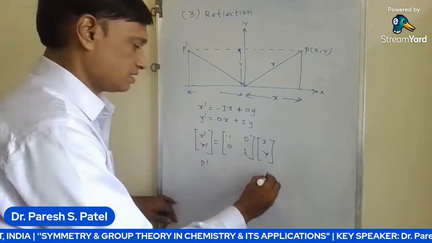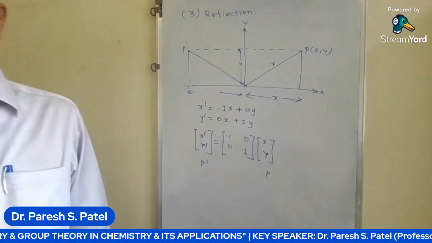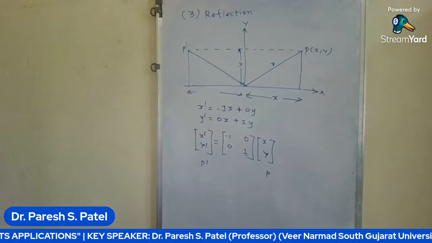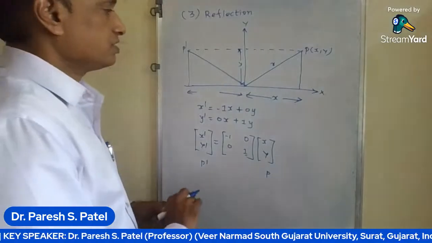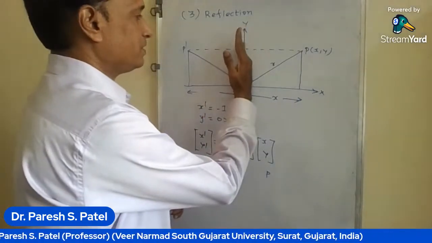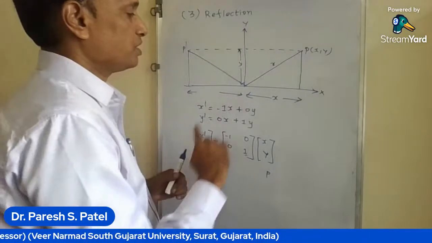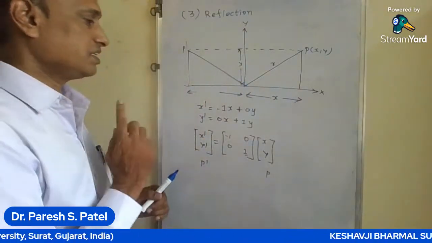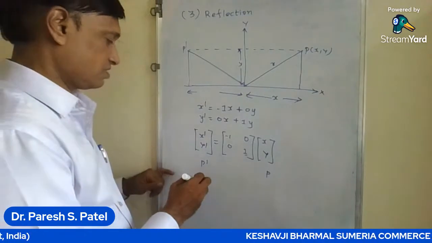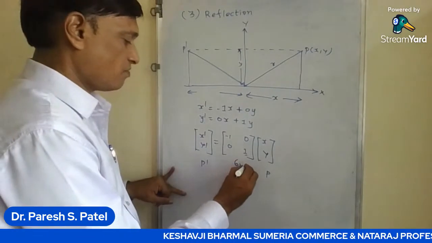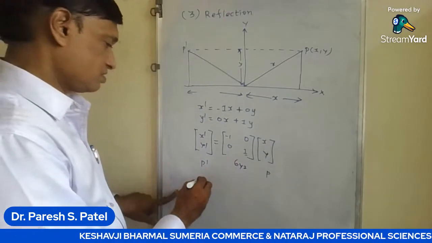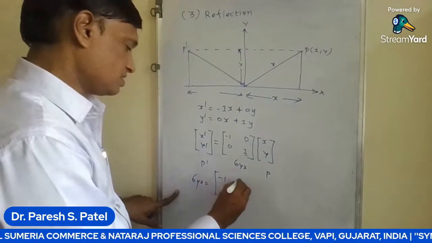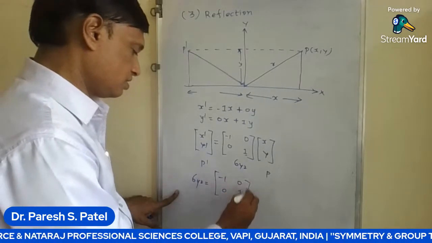This is P dash, this is P. Now, in case of this reflection through this plane, this plane is perpendicular to x. It means this plane is sigma yz. So sigma yz is equal to minus 1, 0, 0, 1.